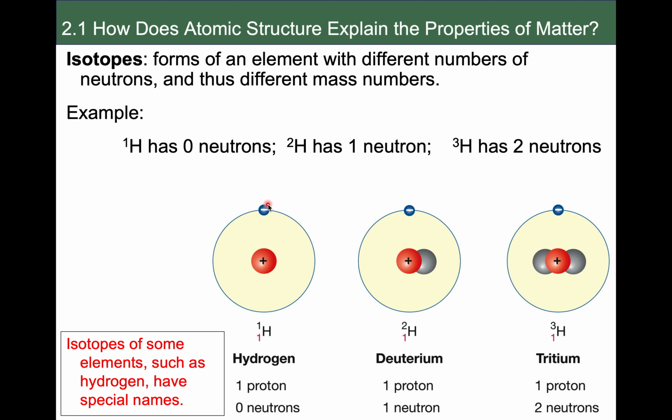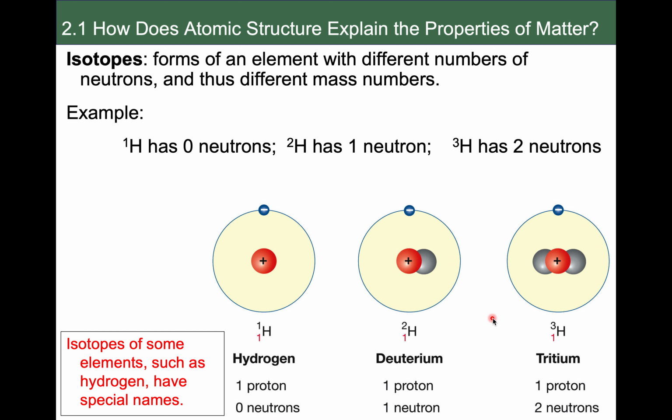But we could mix up the number of neutrons. So sort of standard hydrogen actually has no neutrons, but there are what are called isotopes of hydrogen that do have some neutrons. So there's deuterium that has a single neutron, tritium that has 2 neutrons.